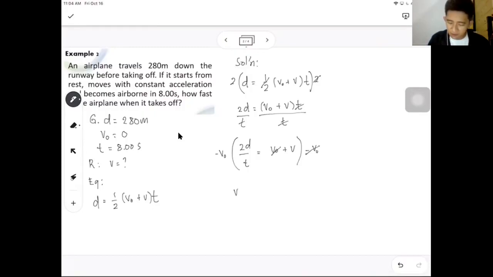So we have now v is equal to 2d over t minus v sub 0, where v sub 0 is equal to 0. So we have now v is equal to 2d over t, where it is equal to 2 times 280 meters divided by 8 seconds.